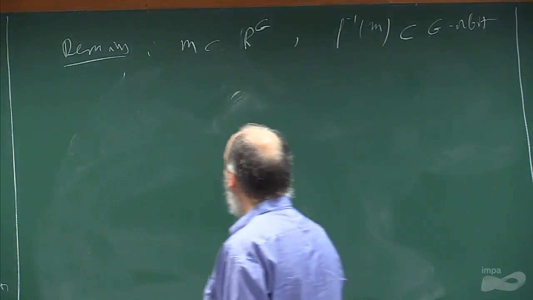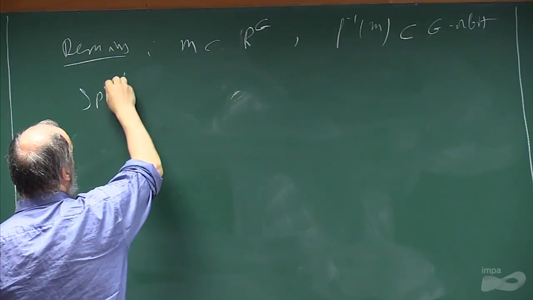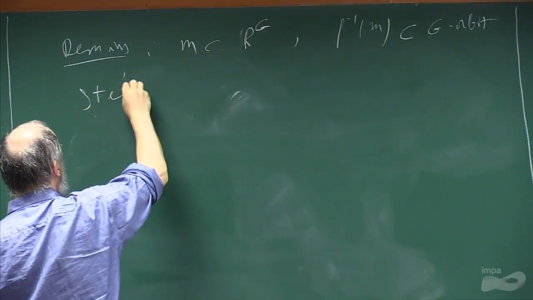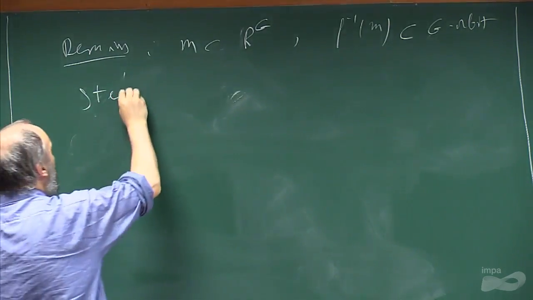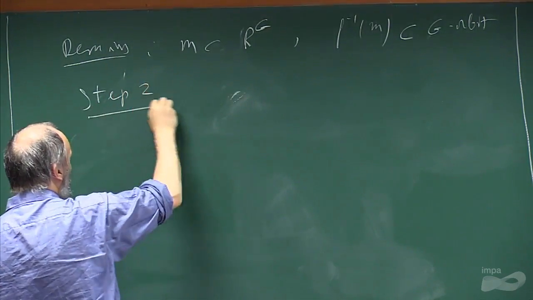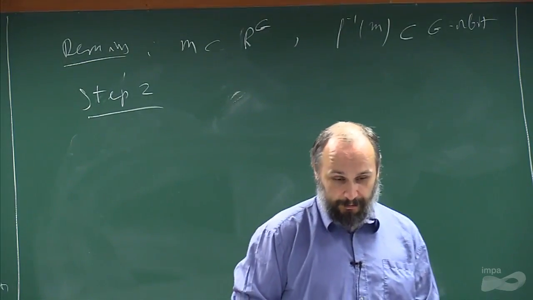Okay, the important thing is something we proved when we proved this Noether theorem here, which was a theorem about ideals.